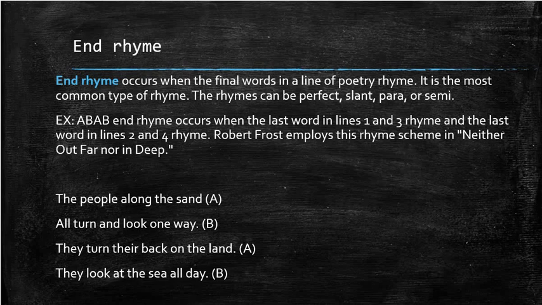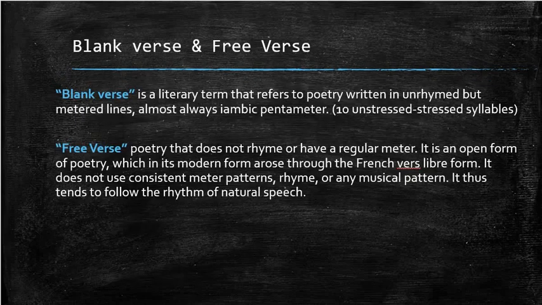A, B, B, A. So the end sound of each line rhymes with another one, such as sand, land, way, day. Can you tell me which meter is followed here and what kind of feet are employed within these verses?